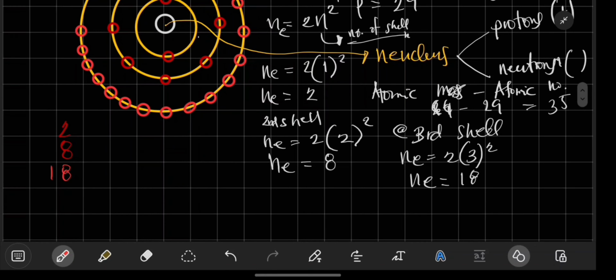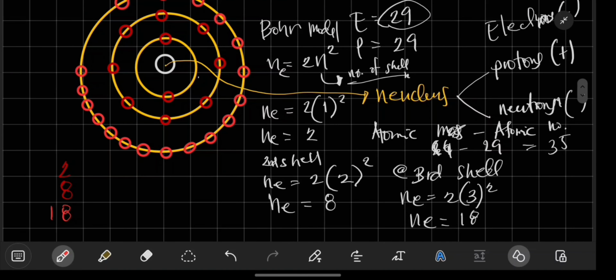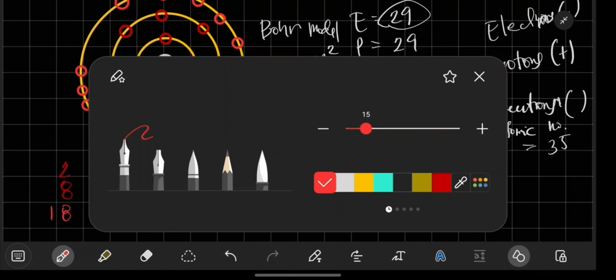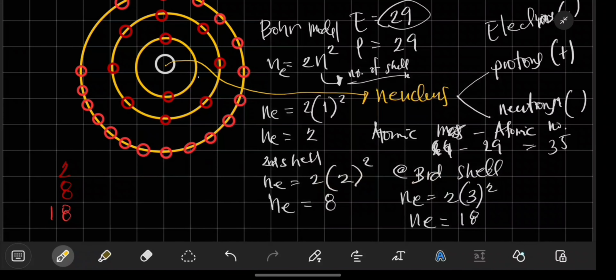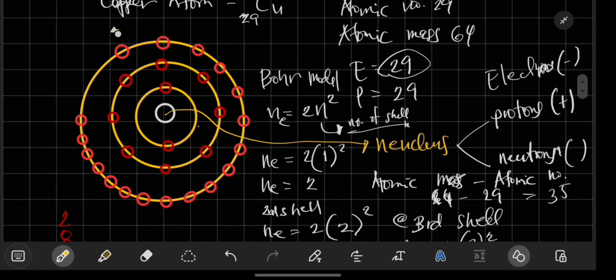So, ilan na lahat yan? So, 18 plus 2, 20, 28. So, may kulang pang isa. Okay? So, let us put the last one here. So, the last one is for the outer shell. Ito na yung pinaka-last na shell. Kaya tinawag ko na siyang outer shell.